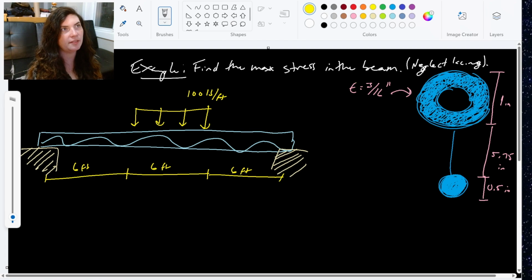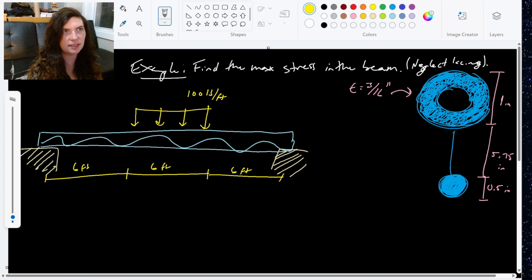So here we have another beam, of course. We want to find the max stress, but it's got a couple of odd things going on. So one, it has this diagonal lacing running through it, and the problem tells us to ignore that. But more importantly, we're going to look at this cross section.